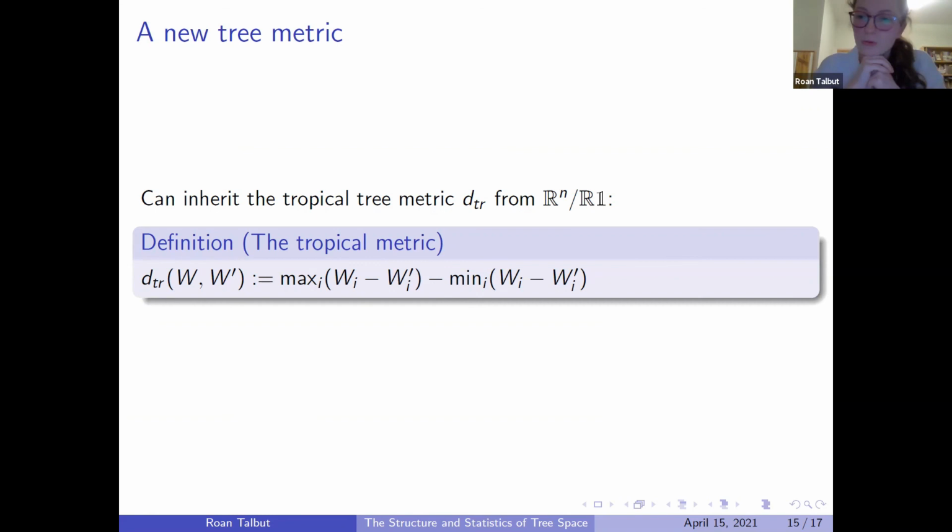And so we're talking about a subspace of the tropical projective space, which in a lot of cases can make things more difficult statistically, because we don't necessarily know which points in the underlying space are allowed and which aren't.